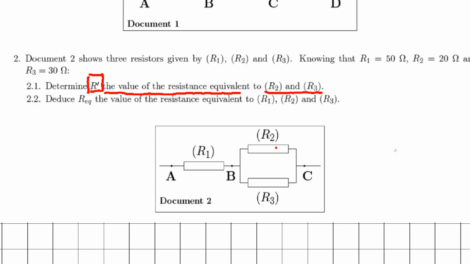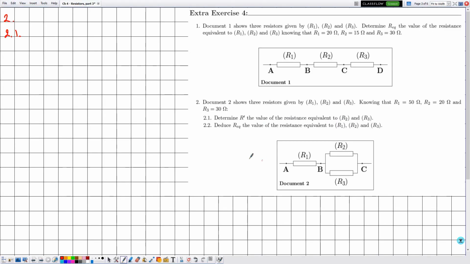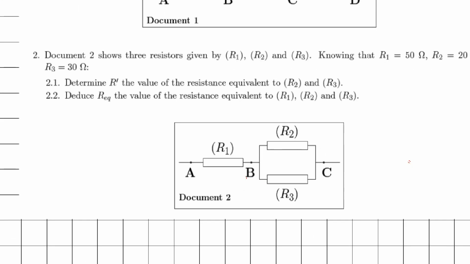Okay, so whenever we need to determine an equivalent resistor, we need to specify the type of the grouping of the resistors initially. So notice now that R2 and R3 are in parallel. So here, this grouping consists of 3 resistors, R1, R2 and R3.